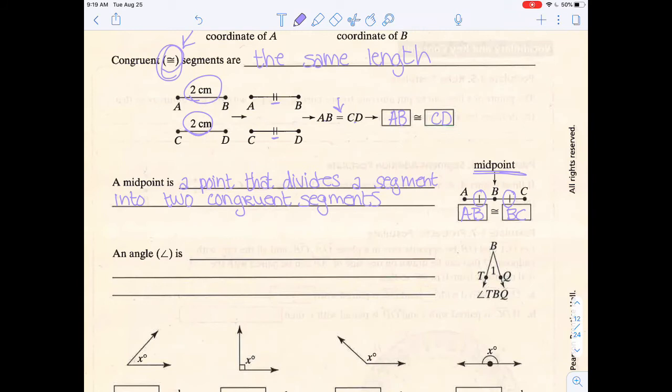Okay, an angle, this is the symbol for angle right here, this little kind of sideways V, is formed by 2 rays with the same endpoint.